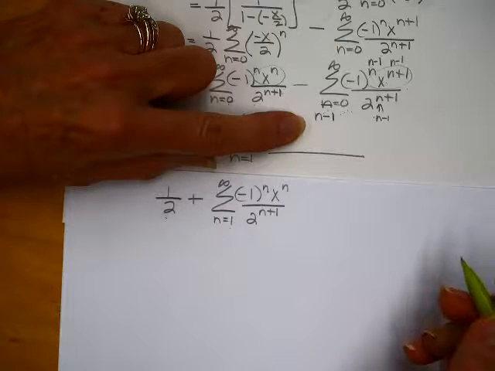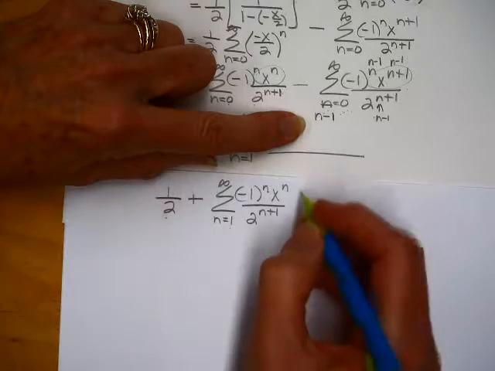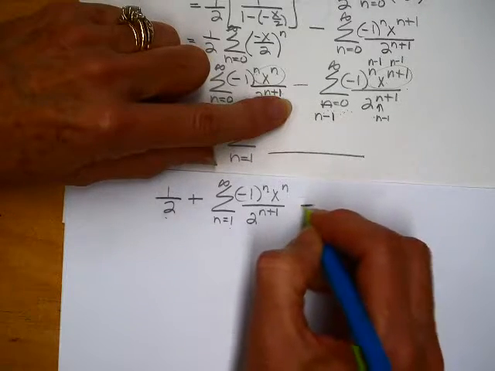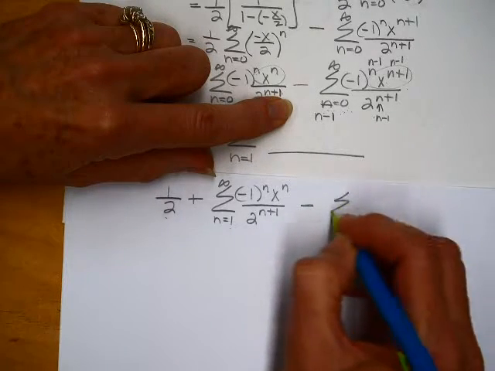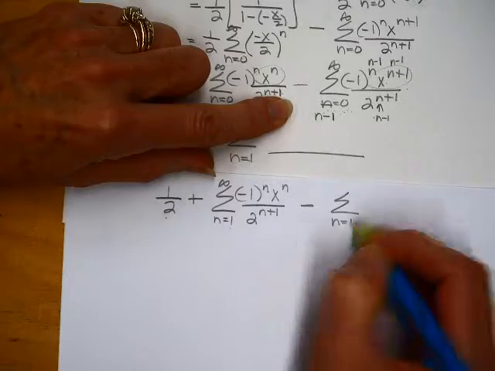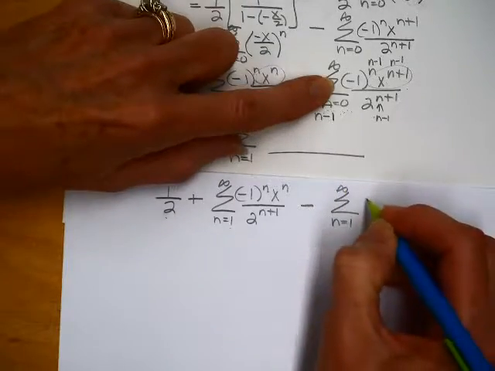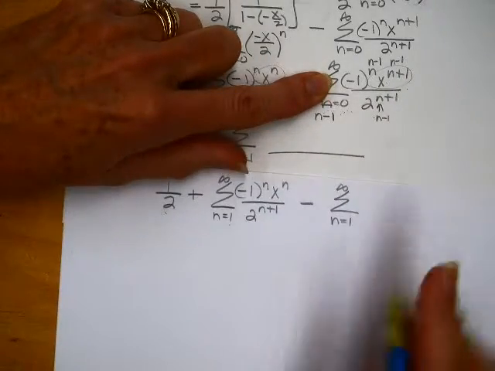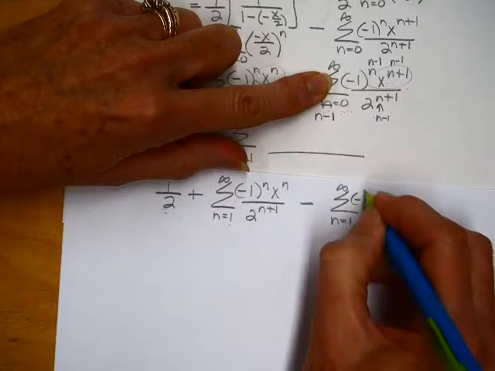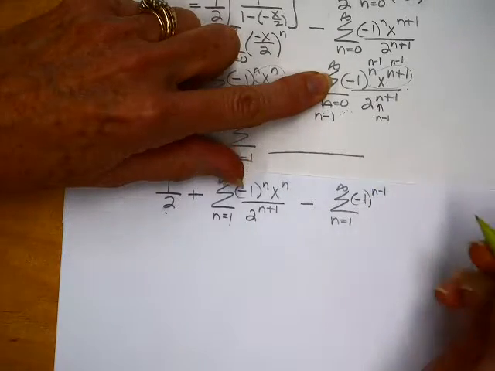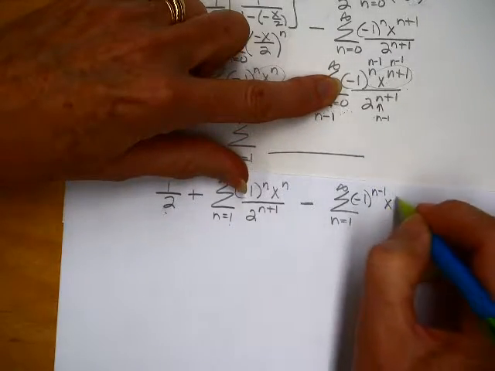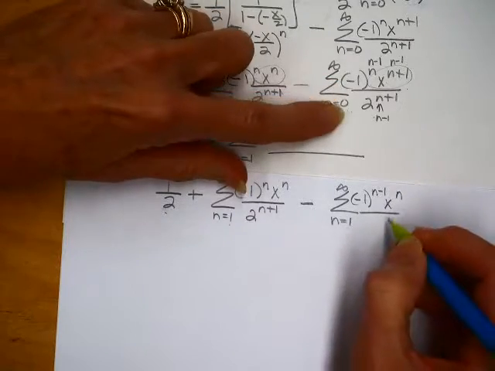So we have minus the sum from n equals 1 to infinity. This is negative 1 to the n minus 1 power, x to the n.